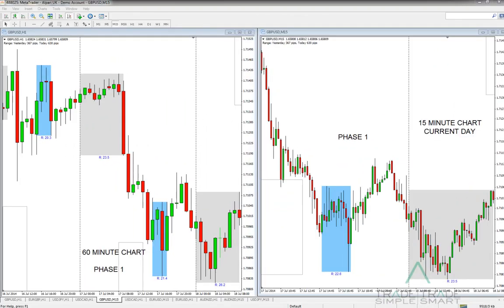So on the flip side, if we had identified a bearish phase 1 or phase 2 on our 60-minute time frame, on the current day's trading on the 15-minute chart, the first horizontal support and resistance level we're going to mark out would be the resistance zone of the Asian range.